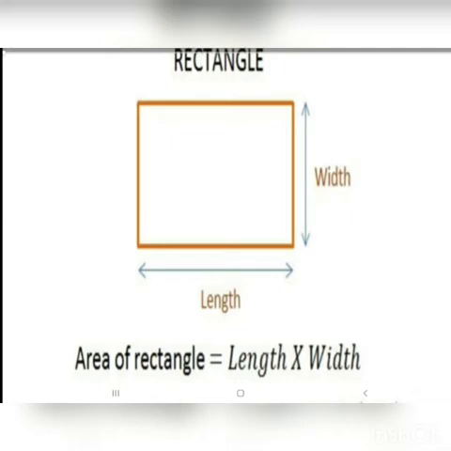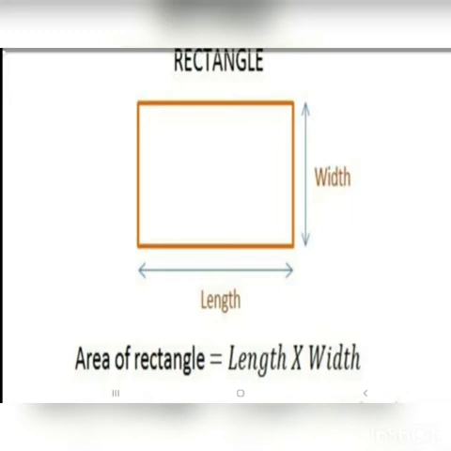Rectangle, as you know, has opposite sides equal and all angles 90. So the area of a rectangle is length into width. If one side is length, the other side is width, then the other two sides also will be length and width. So the area of a rectangle is length into width, or in other words, length into breadth.